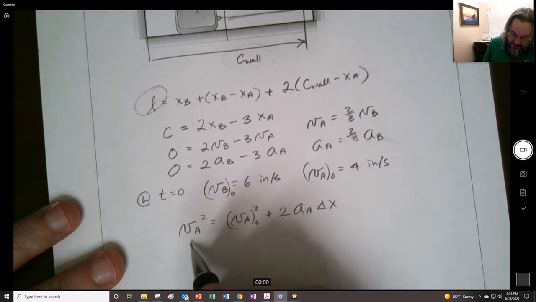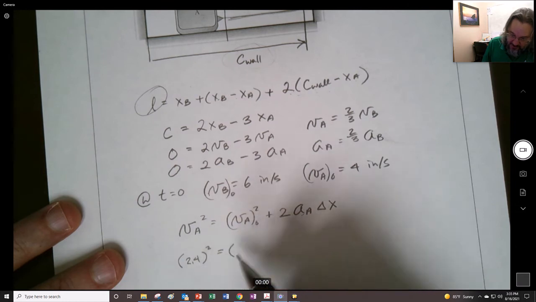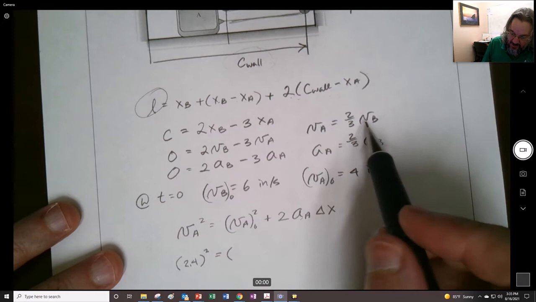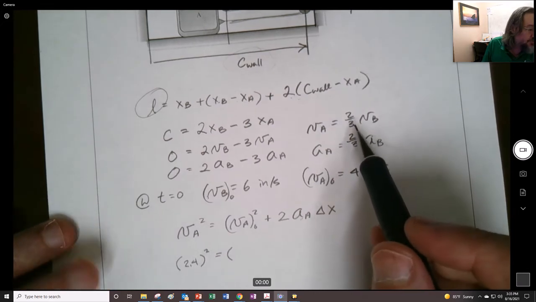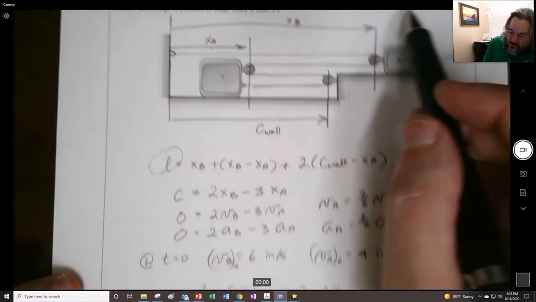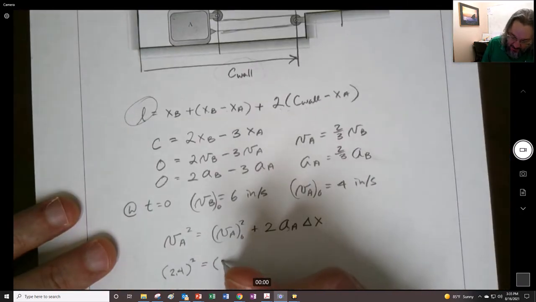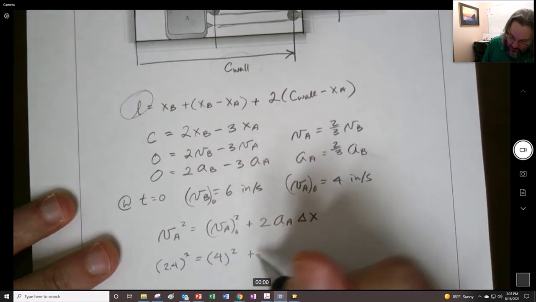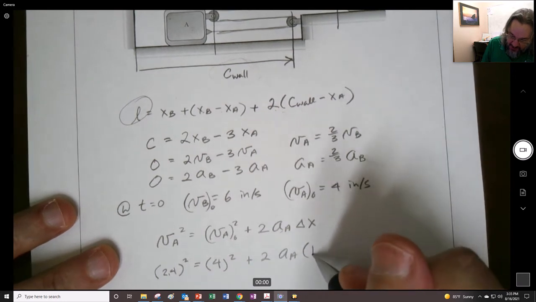So we put these in here, and it says VA is 2.4 squared, but it started out, did I say A? I think I meant, it says, knowing that here, that A, okay, yes, so to A. So that's the 4 squared plus 2AA, and it has moved 10 inches.